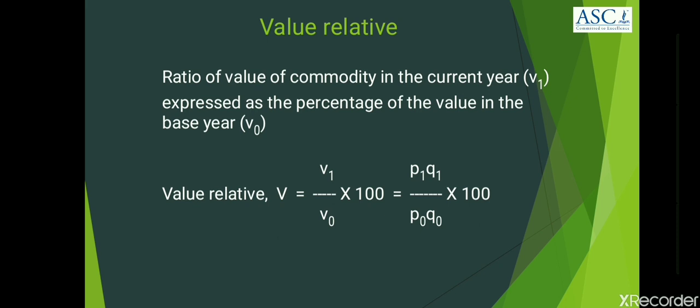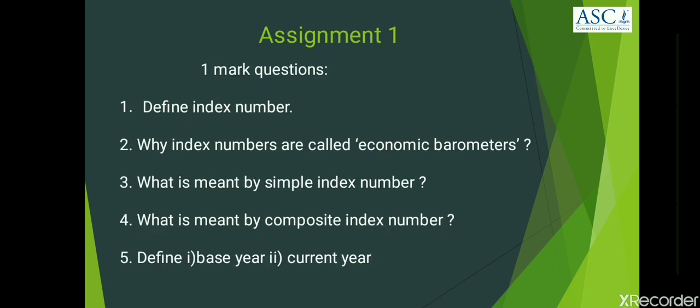Now, look at this assignment given. Together, there are 9 questions given. The first question, define index number. Second question, why index numbers are called economic barometers. Third, what is meant by simple index number?